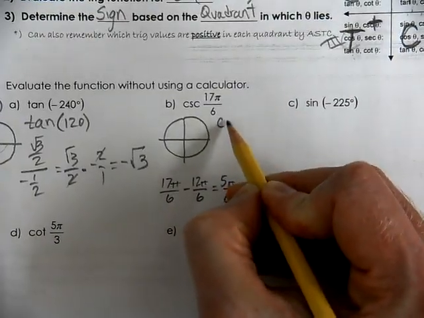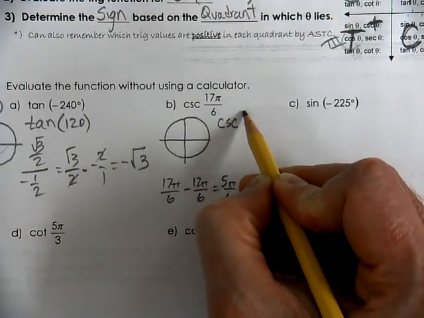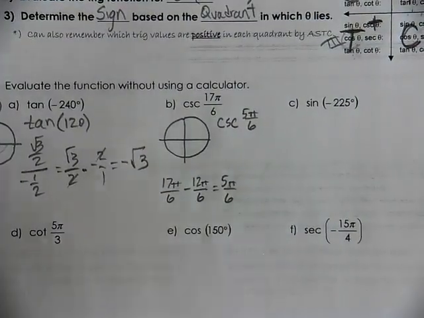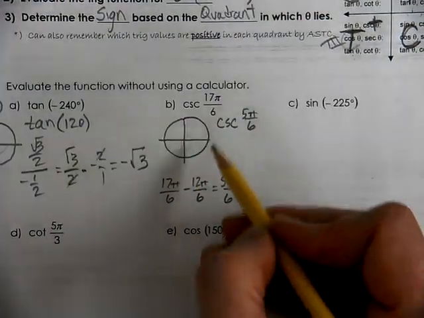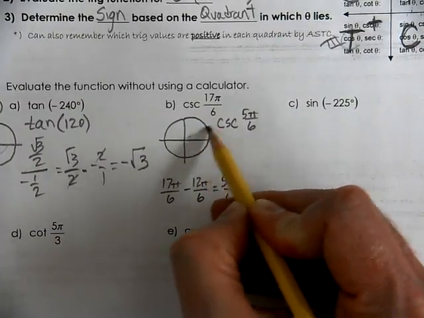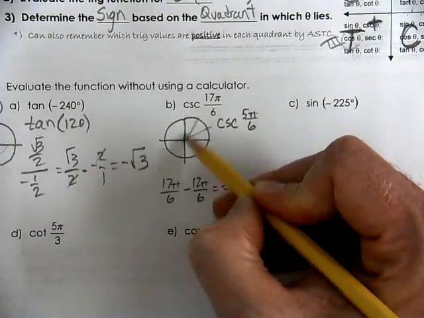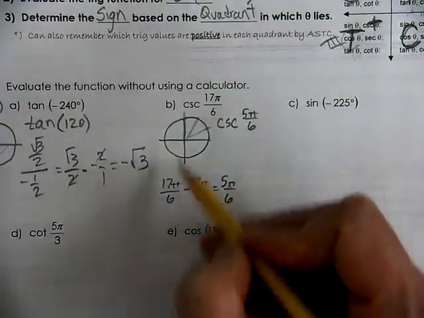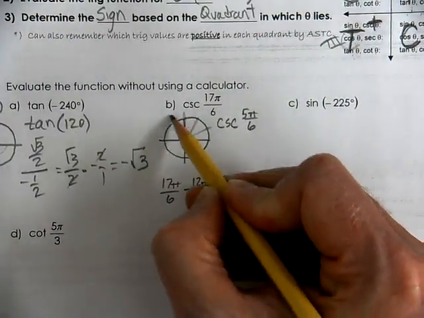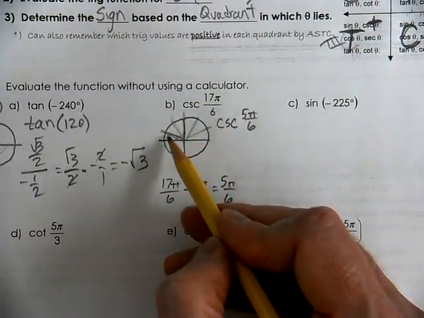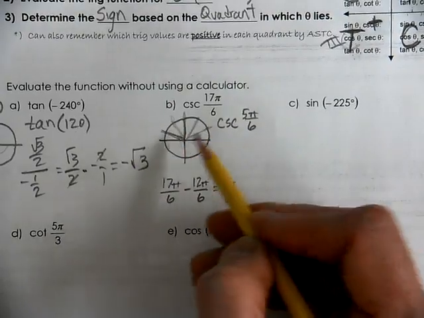So really, I'm working with the cosecant of 5 pi over 6. Well, where is 5 pi over 6? 1 over 6, 2 over 6 is at 60, 3 over 6 is at 90, 4 over 6 is at 120, and 5 over 6 is the same thing as at 150, or 5 pi over 6.